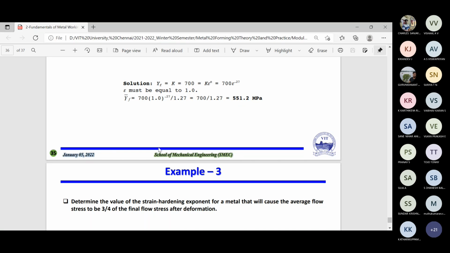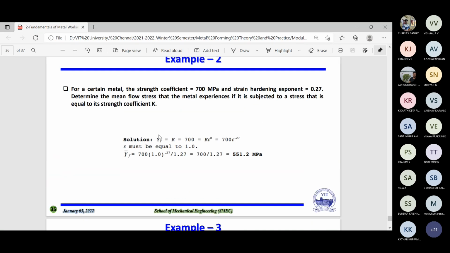So the question number 2. If you have the value of YF equal to K, because this is given, determine the mean flow stress that the metal experiences if it is subjected to a stress that is equal to its strength. That means YF equals K is given. And this is the equation, YF equals K epsilon to the power N. So if YF equals K, then this equation equals 700 epsilon to the power 0.27.